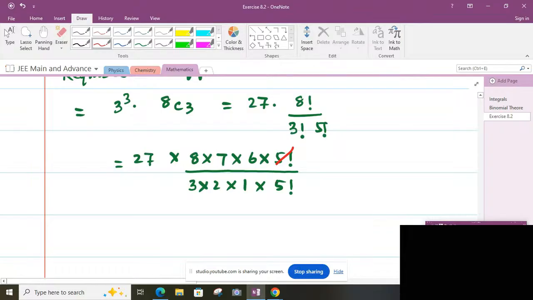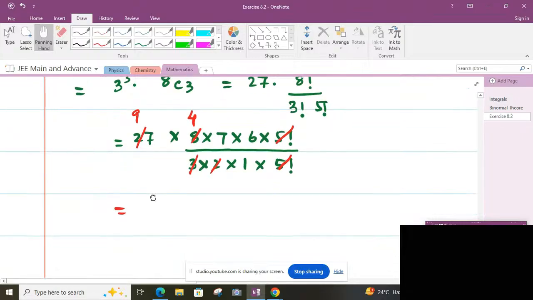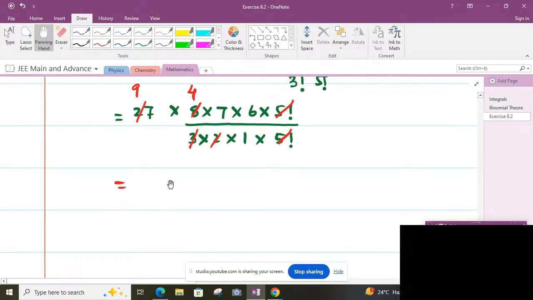We cancel out factorial 5, and here 3 nines are 27, 2 fours are 12, and after the multiplication we get 1512. So this one will be the answer.